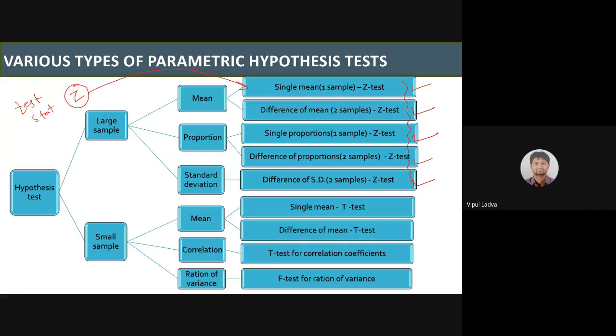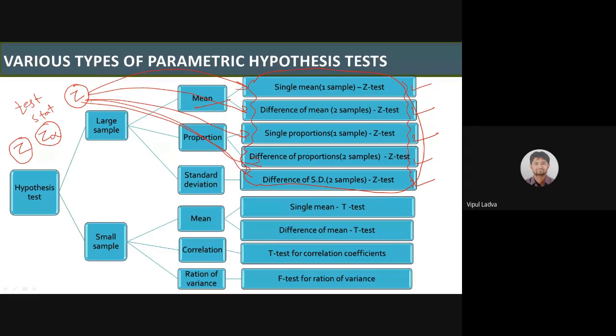All of these will have different formulas related to Z. And why do we need that Z? Because, as I said, to accept or reject the null hypothesis, we need to compare that Z with Z alpha. We are having Z alpha from the previous table, but we need to calculate our test statistic Z, and for each and every one of these tests, the formula for Z will be different. So you need to focus over there.